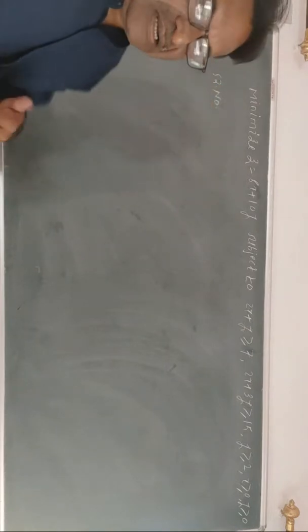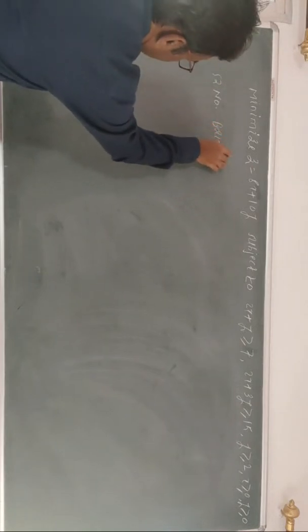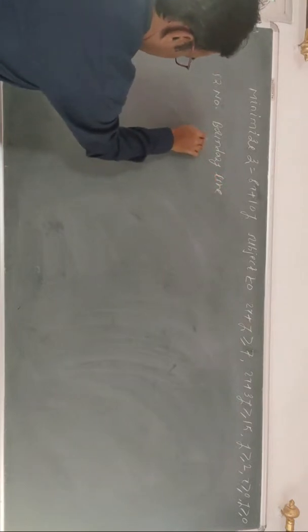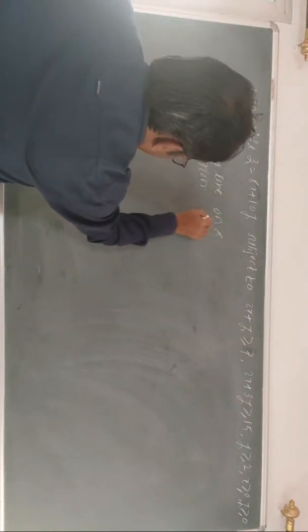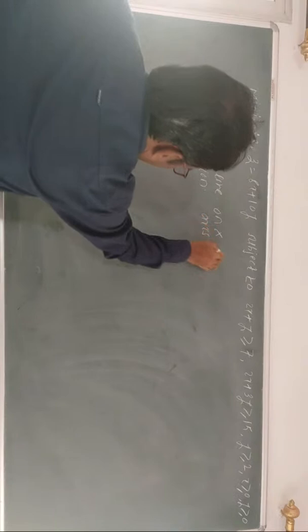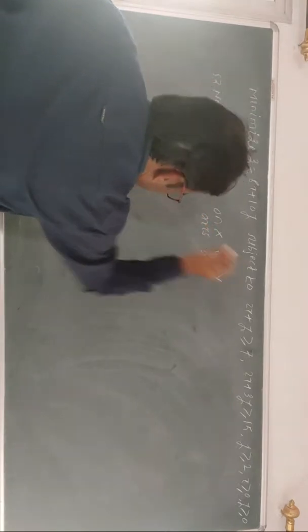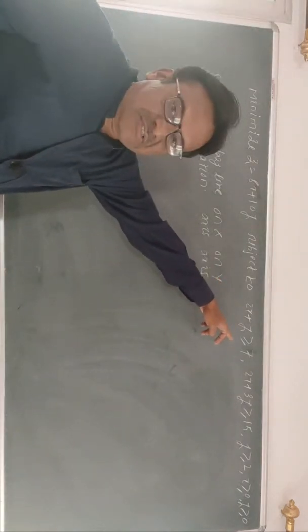In the next column we write the boundary line equation. Next we write on x-axis, on y-axis. Number 1, first we write the first boundary line equation, 2x plus y equals 7.